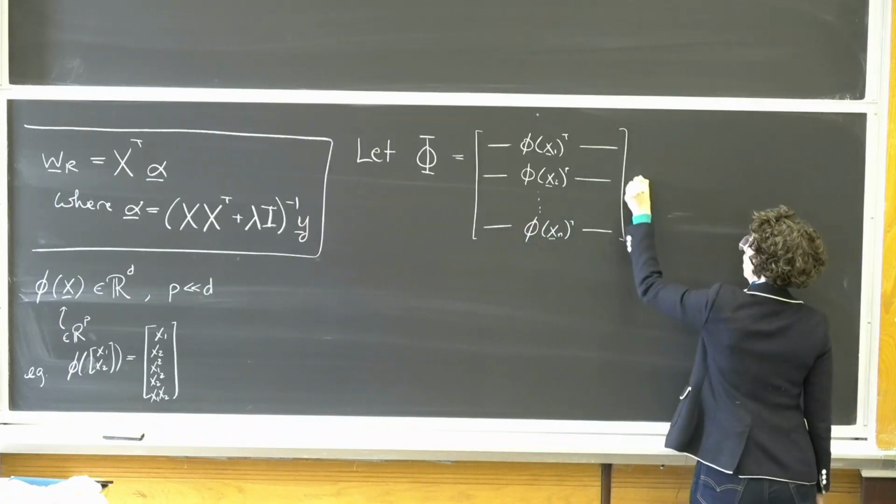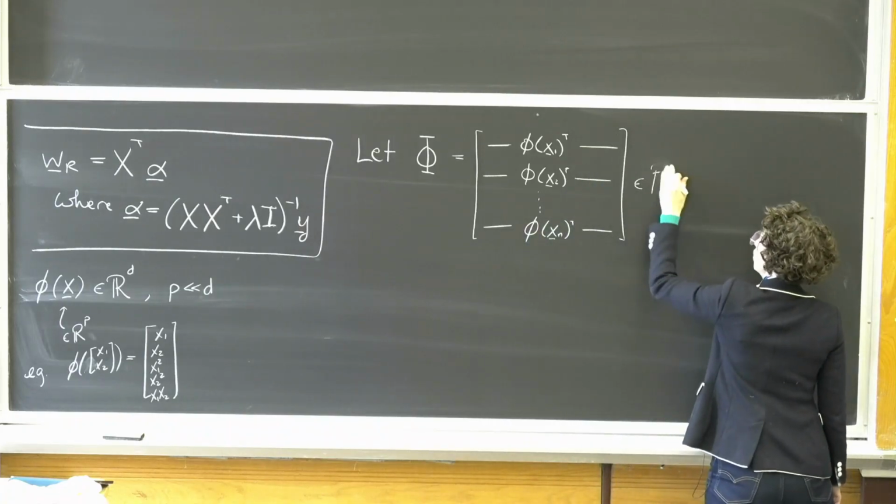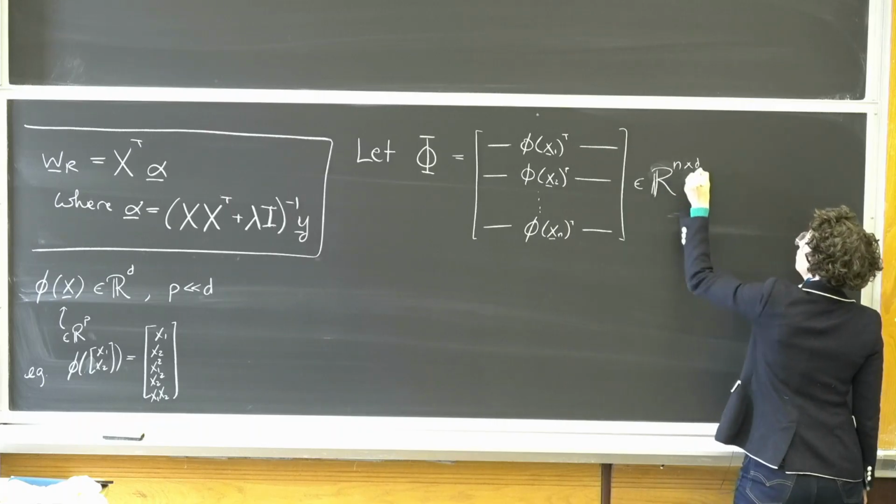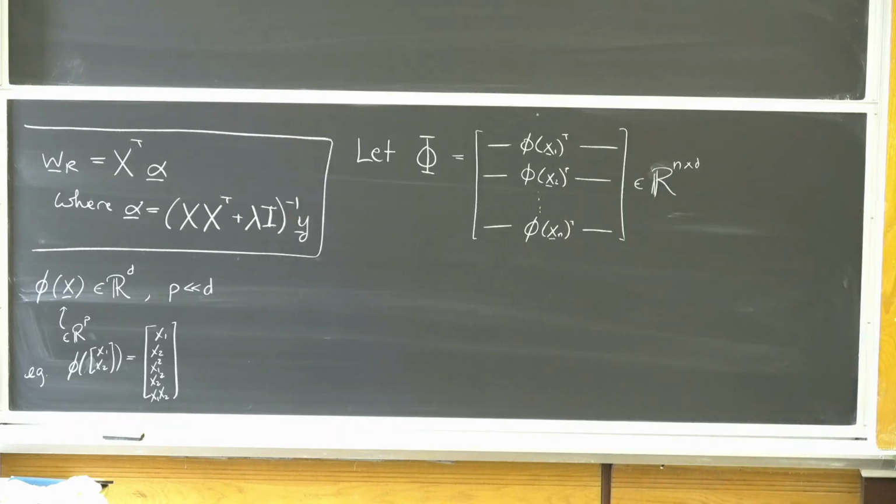So this matrix now still has n rows, just like before, but now it's got D columns, so it's much wider potentially than the original X matrix. But now we can start thinking about ridge regression using this.